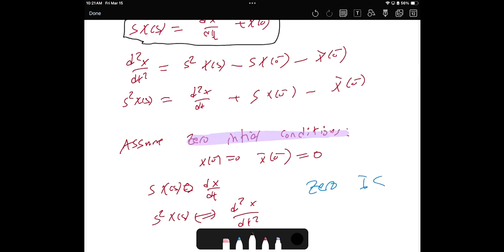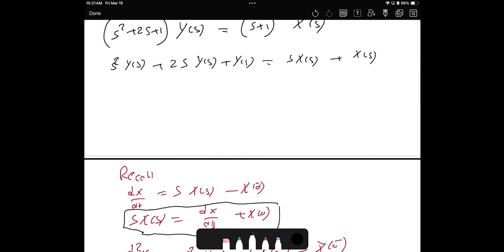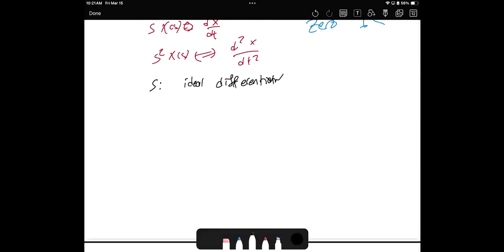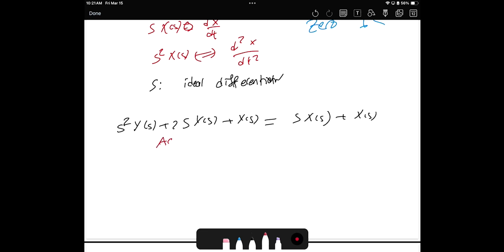Now let's go back to our example. I'm going to rewrite it here. We say s squared times Y of s plus 2s Y of s plus Y of s equals s X of s plus X of s. Now I'm going to assume zero initial conditions.